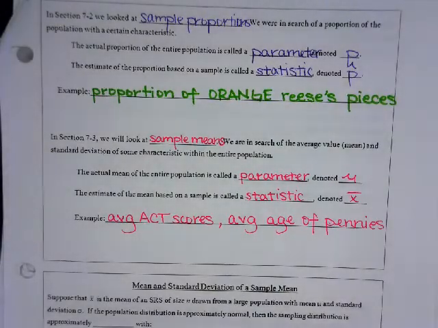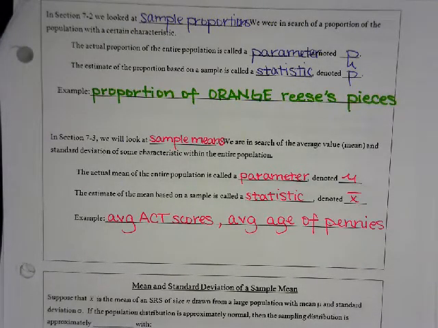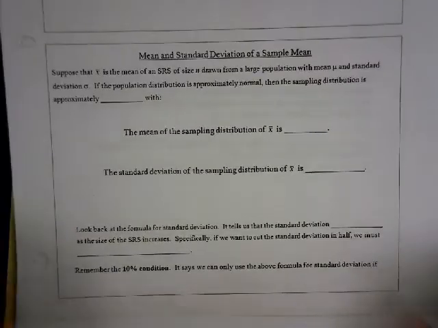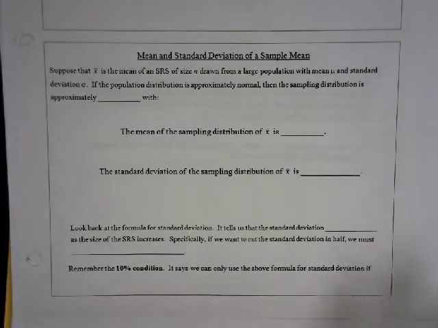So just like with sample proportions, we had new formulas to find mean and standard deviation. We do those down here also for sample means. So suppose that X bar is the mean of an SRS of size n drawn from a large population with mean mu and standard deviation sigma. If the population distribution is approximately normal, then the sampling distribution is also approximately normal.